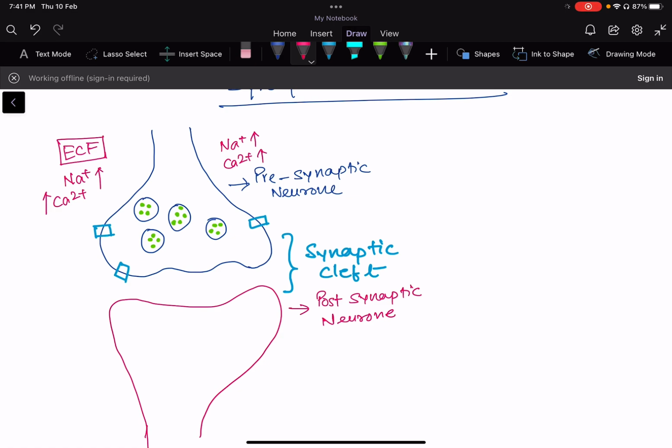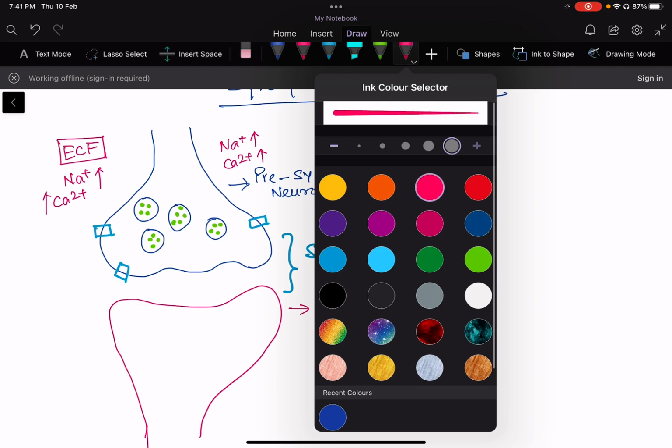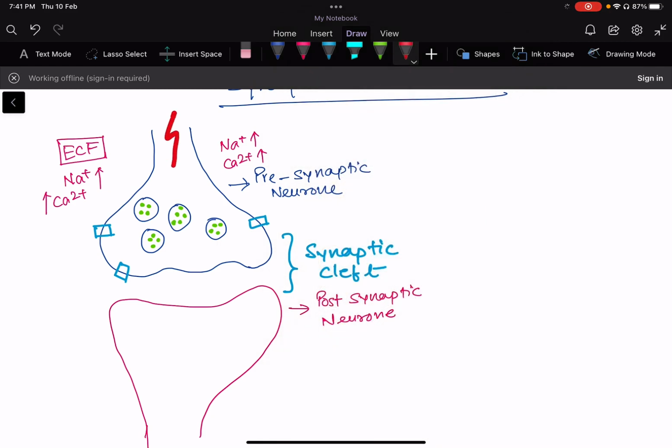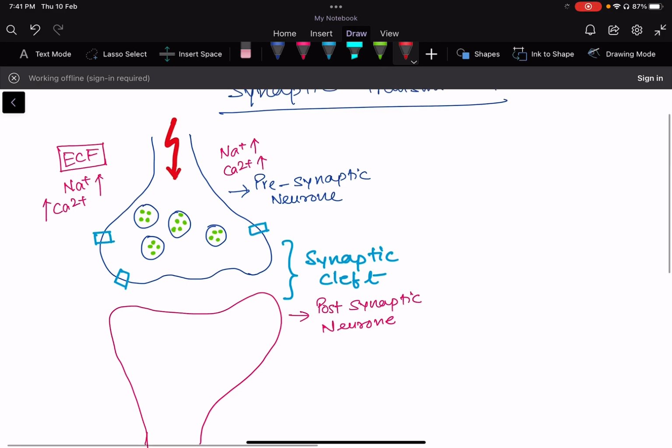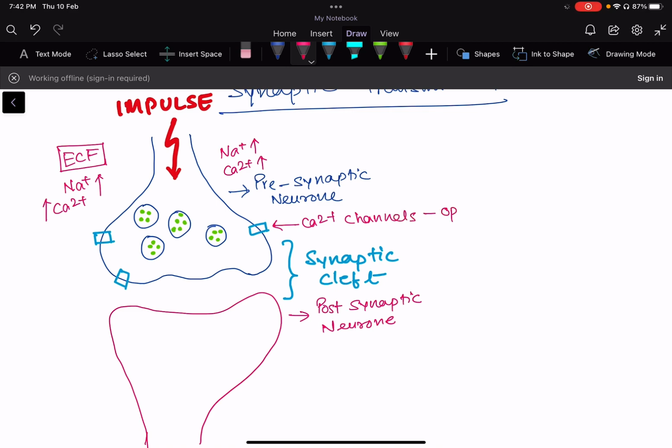Okay, when an action potential, or impulse, comes, these calcium channels get opened up.